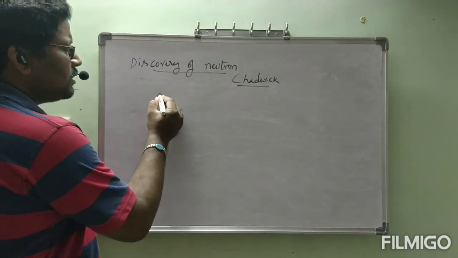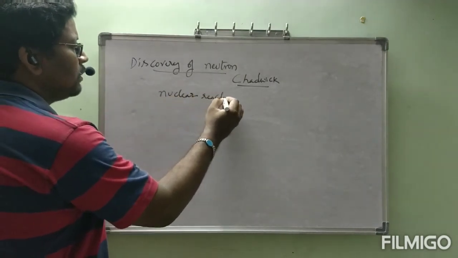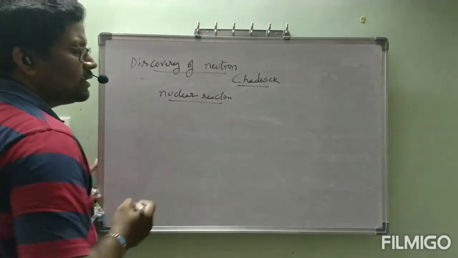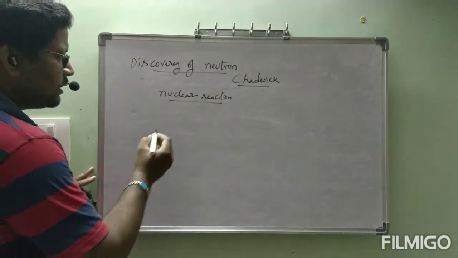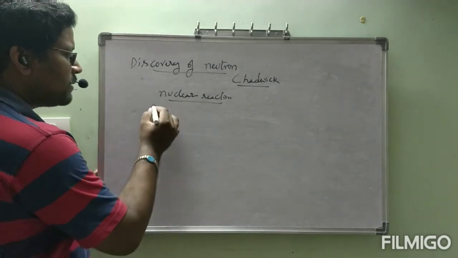Neutron was discovered in the nuclear reaction between helium. Helium means alpha particle, this is.